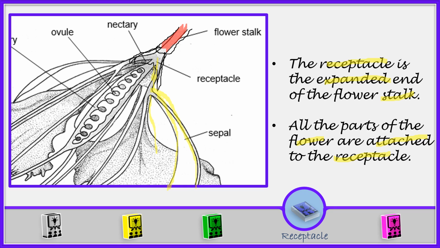When the sepal comes, it also attaches itself on the receptacle. We have the ovary. The ovary is here. You can see that the ovary is also attached on the receptacle. We have the male filaments, you can see these ones, they also attach themselves on the receptacle. The filaments of the stamen attach themselves on the receptacle.